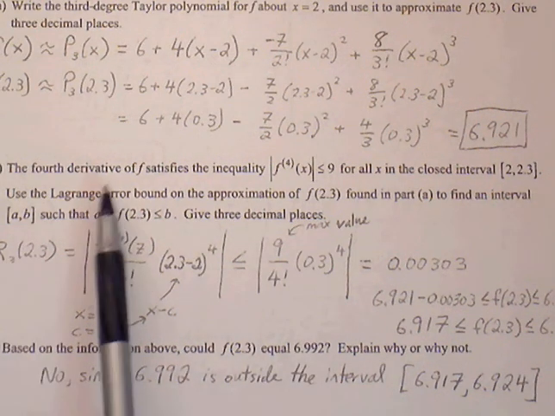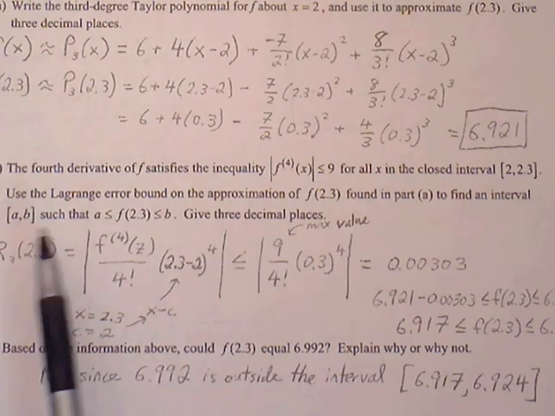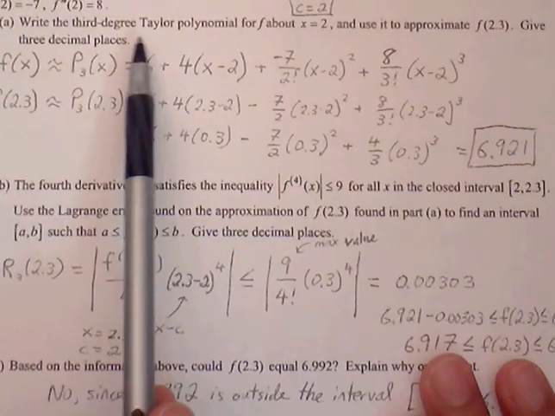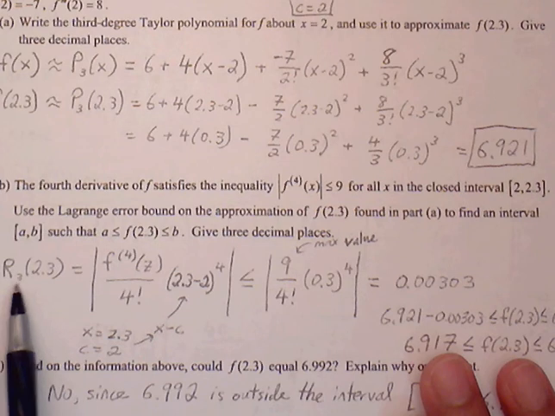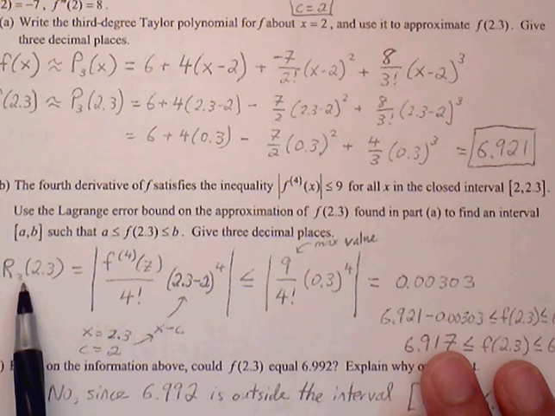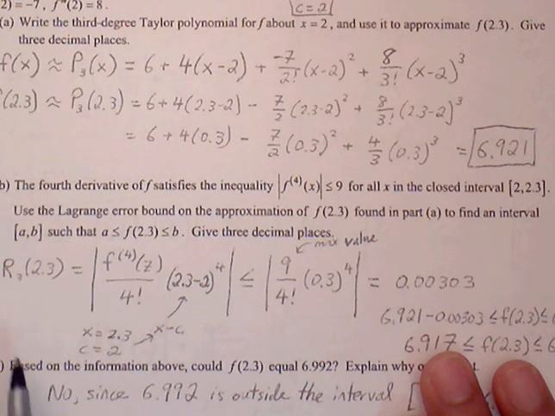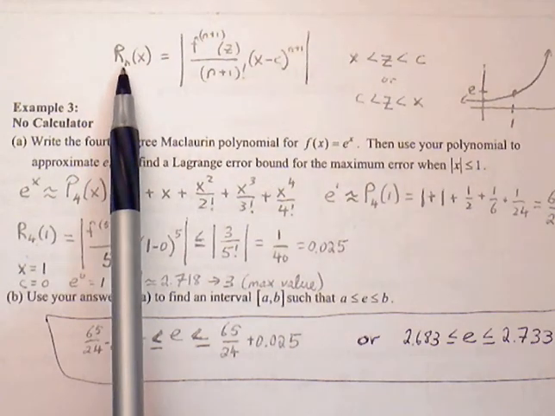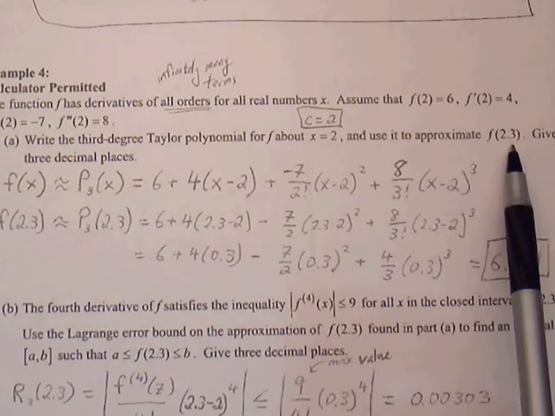Now, again, we're dealing with the third degree Taylor polynomial, so we're going to match that with the remainder. We know this is going to be the remainder for this third degree Taylor polynomial, so our n value will remain at 3. So again, we're going to be using this formula here. n is 3. Our x value is what we're trying to approximate, 2.3.